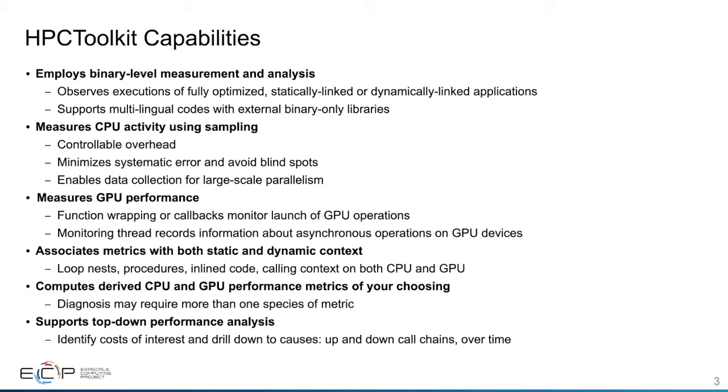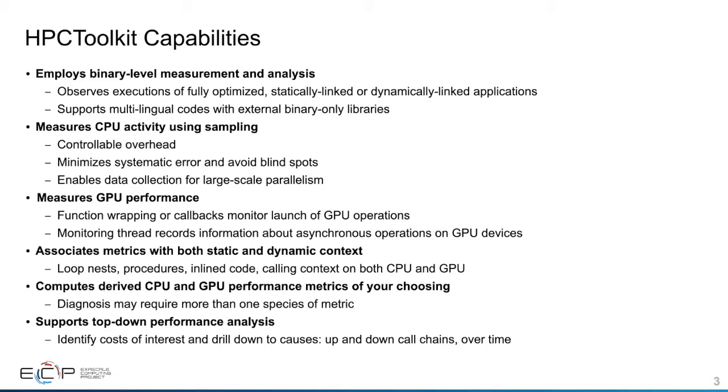Sampling, we sample everywhere, and so we don't have any blind spots. So HPCToolkit enables data collection for large-scale parallelism because we can collect compact profiles, and the profiles will reach a fixed point in size, and so we can collect profiles for lots of threads or processes on a large-scale system.